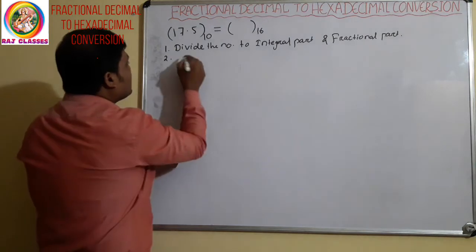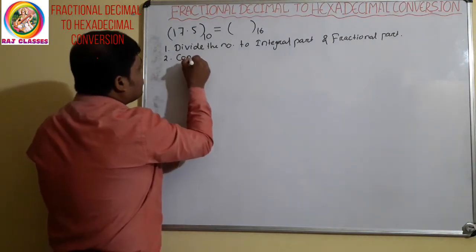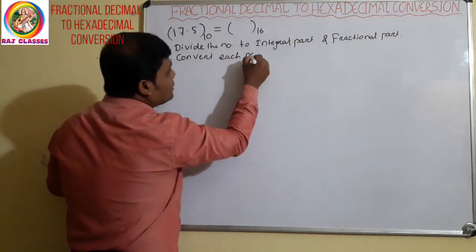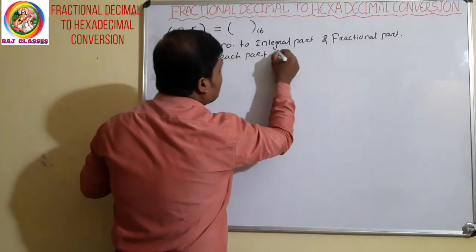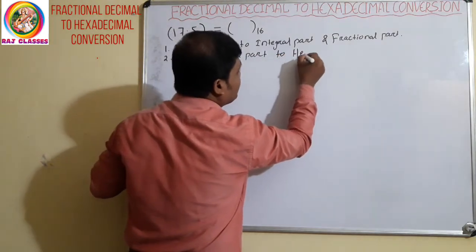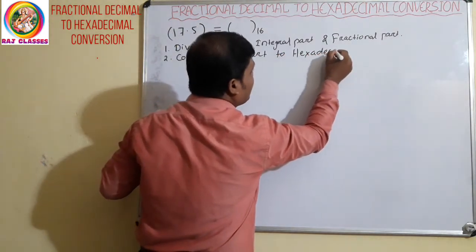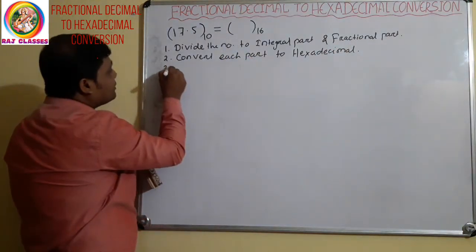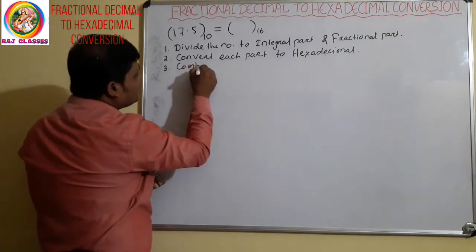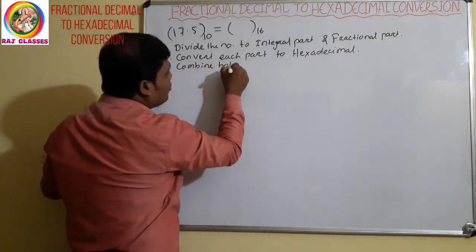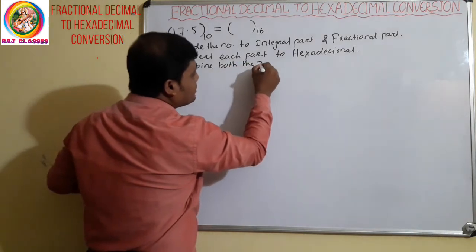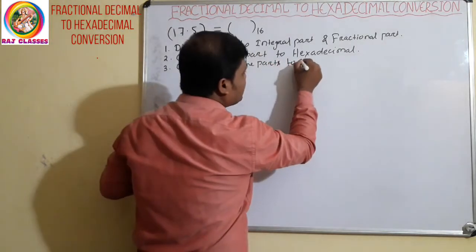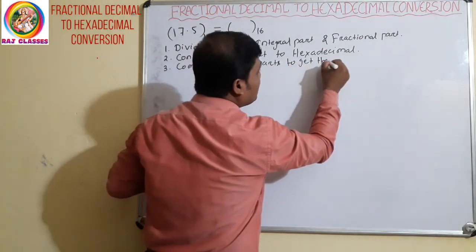Next, convert each part to hexadecimal. Clear? Then third, combine both the parts to get the result.